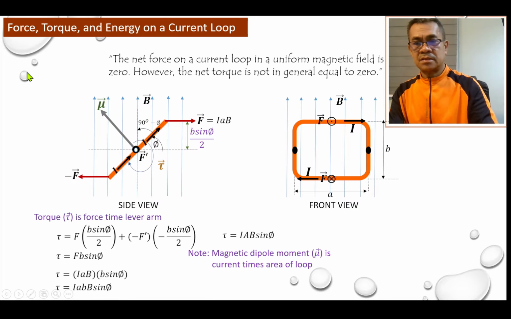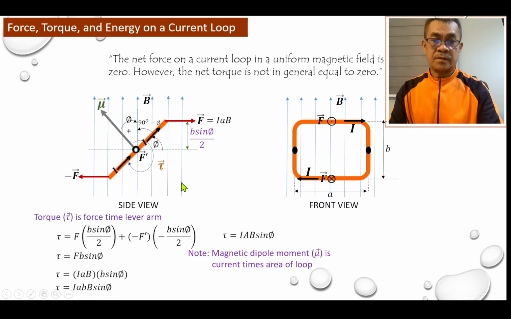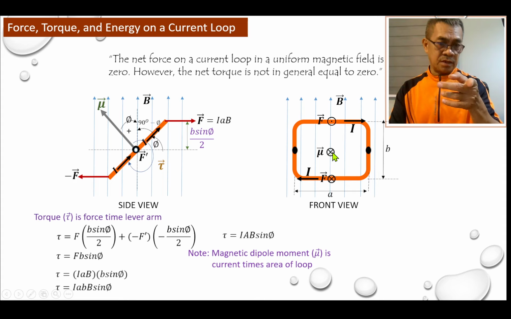Now, if the current reverses, then the dipole moment is directed downward. Okay? So, we have that. Then in this case, look at this one. The dipole moment here is, take note, this is x, which means that the dipole is towards the plane. Why?